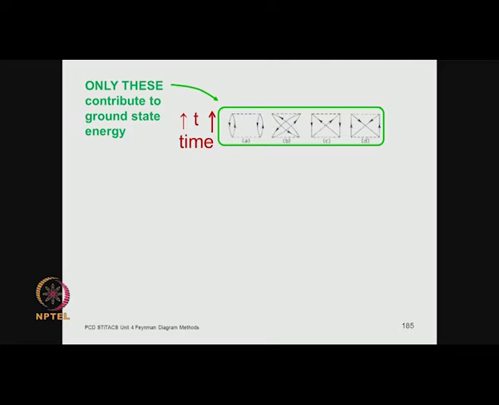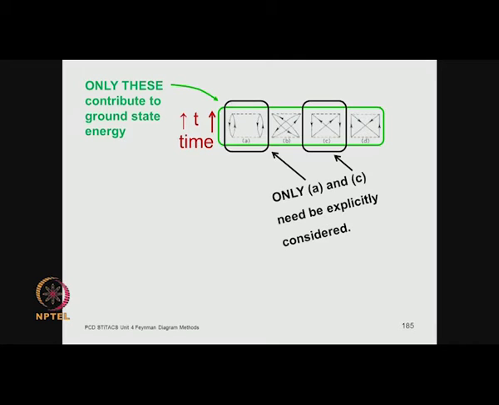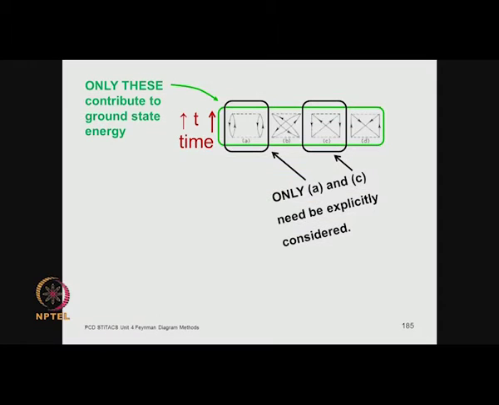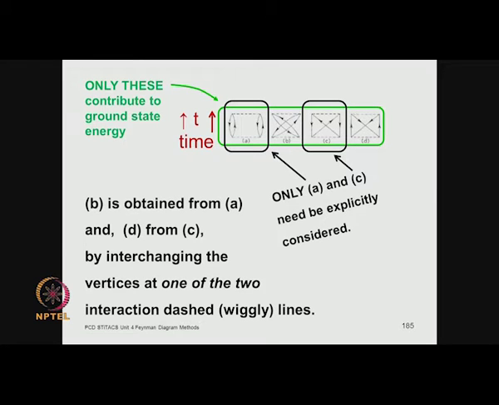Not only that, it turns out that out of these 4 diagrams, A, B, C and D, only A and C need to be explicitly considered, because you can get B and D from the previous ones. All you do is to interchange the vertices at one of the 2 interactions.